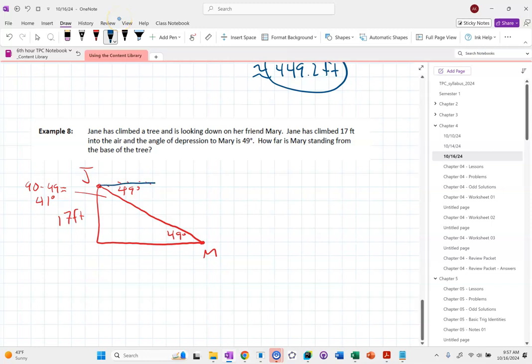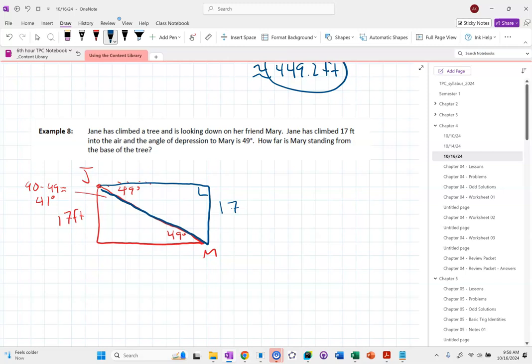Or, alternatively, instead you could draw this triangle in blue and use the 49 where it's at. Any of these are acceptable routes on finishing this problem. What you don't want to do is put that 49 in the wrong spot, though.